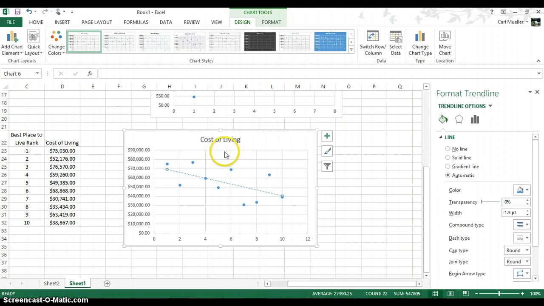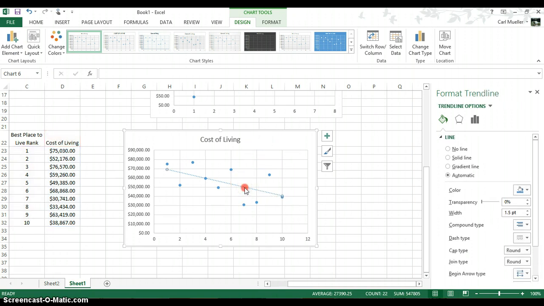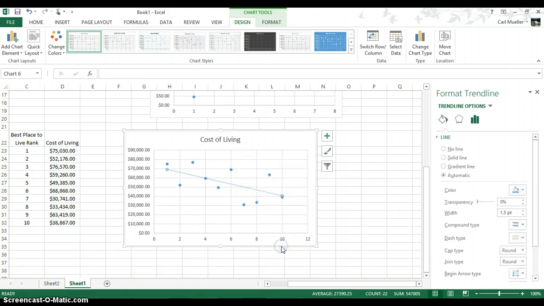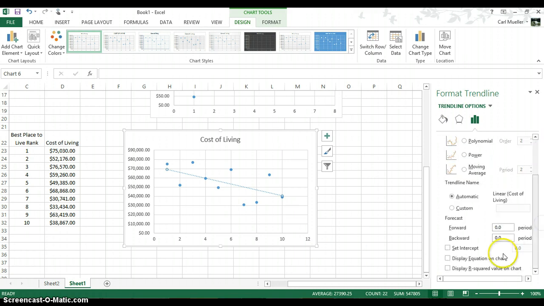But in addition to looking at the trend line, we want to format this trend line. See over here, format the trend options. We want to show our R squared on the chart. And just for purposes of forecasting, we'll put the equation as well.